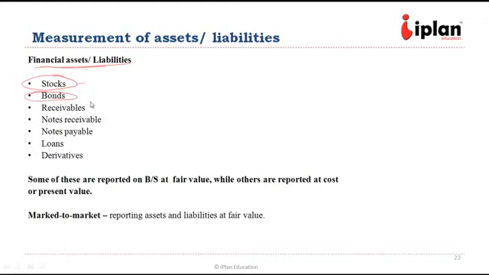Similarly, bonds could be a financial asset or financial liability based on whether the company has issued bonds to raise funds. In that case it is a financial liability. And if the company has bought the bonds of some other company, then it is a financial asset. If we look at the receivables, they are current assets.